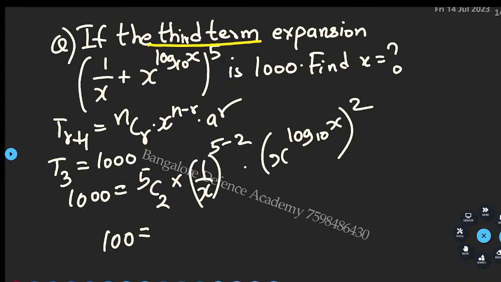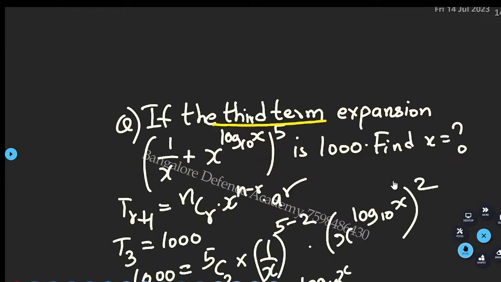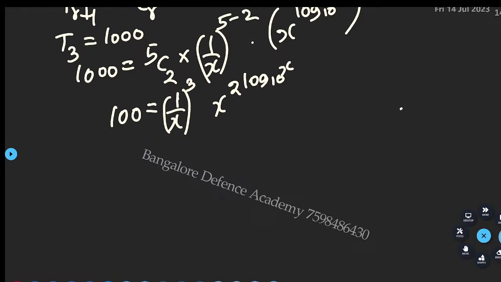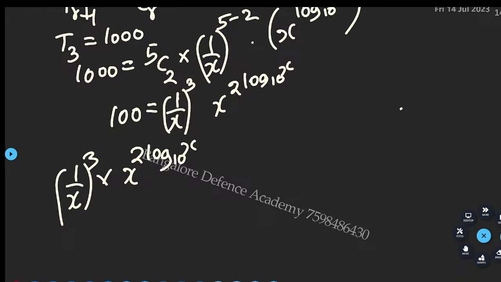Okay, now look at this. 1 by x, so can I write this as 1 by x to the power of 3? Now here this becomes x^(2 log x to the base 10), correct? 1 by x to the power of 3 into x^(2 log x 10) is equal to 100.